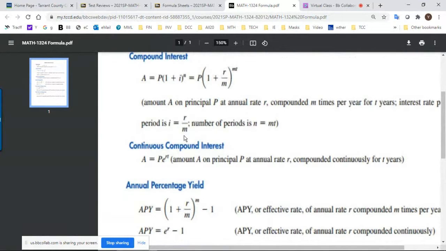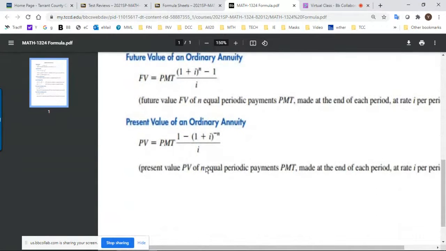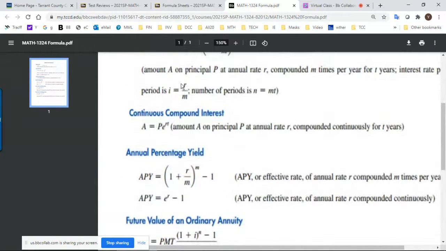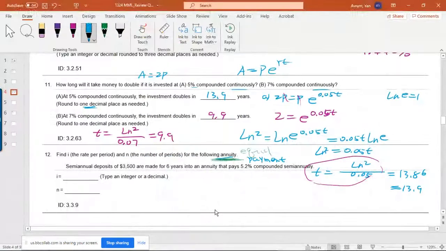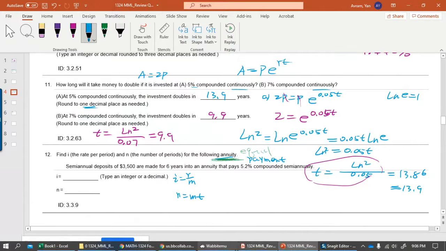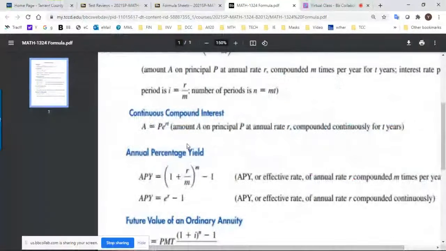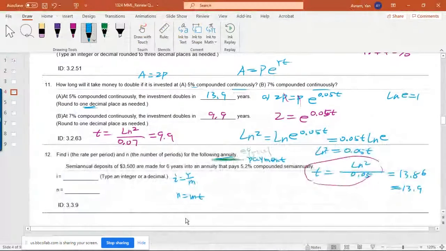I is still equal to R over M. Even using this formula, I is still R over M, okay? And N is MT. If you look at this formula in here, MT is the total number of payments or deposits.